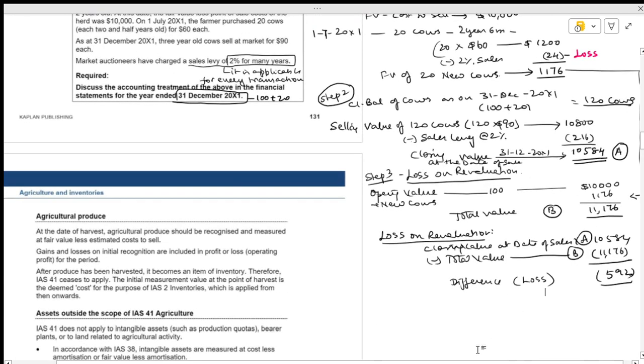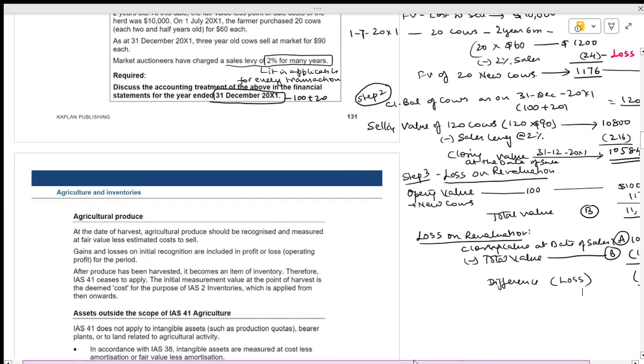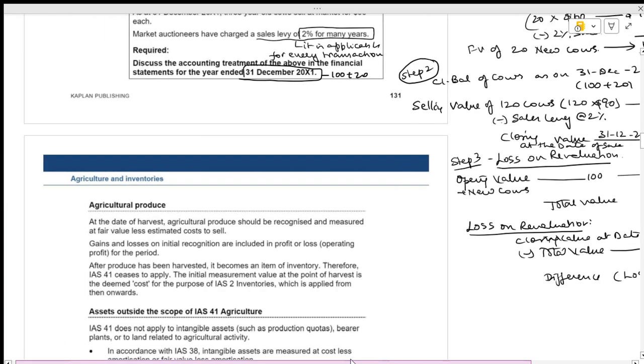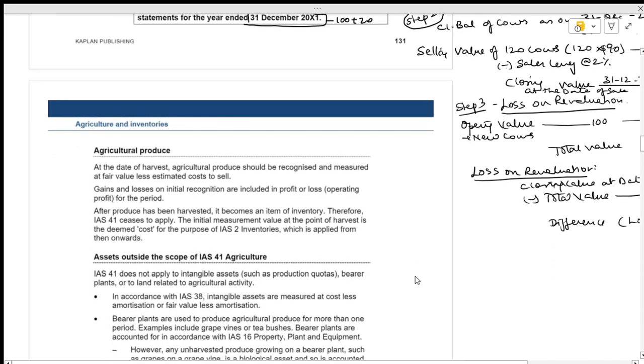Now, they have another way for the agriculture produce. They have another way of putting how we have to deal with the agriculture when we are making a harvest. At the date of harvest, agriculture produce should be recognized. Same thing, fair value less cost to sell.